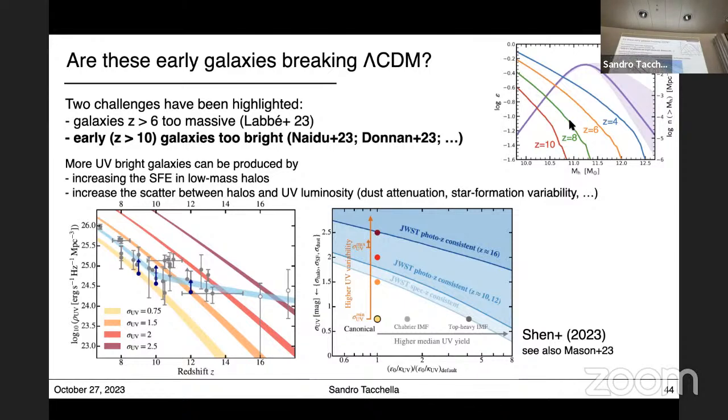And so the idea is maybe that we have an evolving scatter, where we are at high scatter. This shows you the UV luminosity density or the cosmic star formation rate density. So you are able to reproduce the highest redshift points by just having a lot of scatter, for example, having very bursty star formation. And then you are moving towards more continuous star formation and therefore less scatter. And you're able to reproduce the overall shape of the cosmic star formation rate density quite naturally.